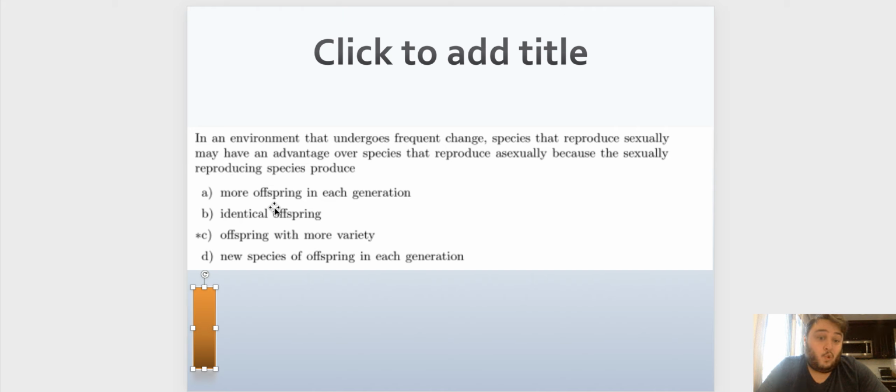For humans, it's usually one at a time. Identical offspring, again, this represents asexual, not sexual. A new species of offspring in each generation. That doesn't make sense either. So whenever you're looking at sexual versus asexual, always think about the variety. Sexual is way more variety, asexual is less variety, okay?